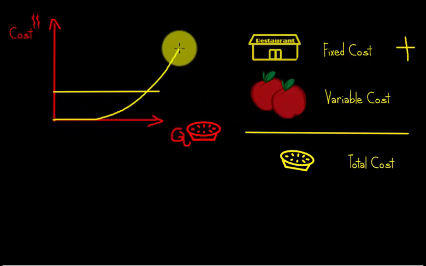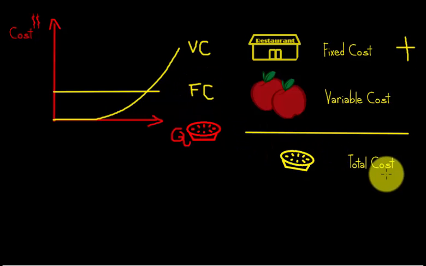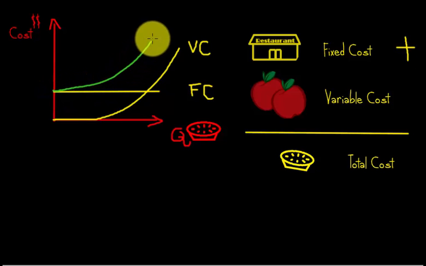So it starts like here. And which is the sum? This is the variable cost, this is the fixed cost, and then the total cost, which is the sum. With another color, this plus this is going to start from this part, and it's going to follow this rate, which is the sum of the fixed cost and the variable cost.